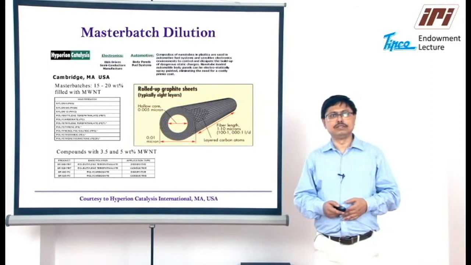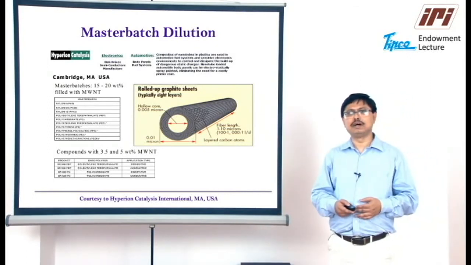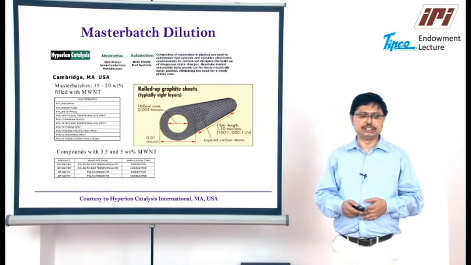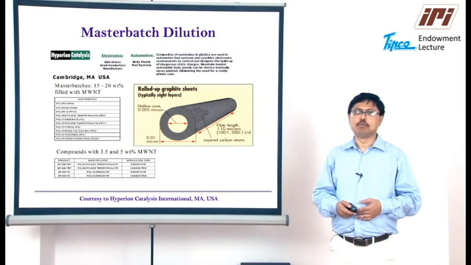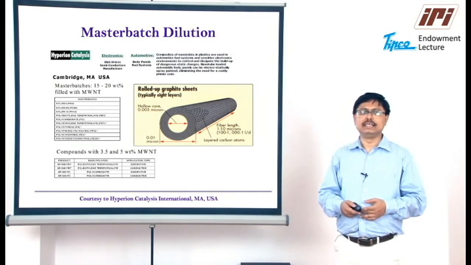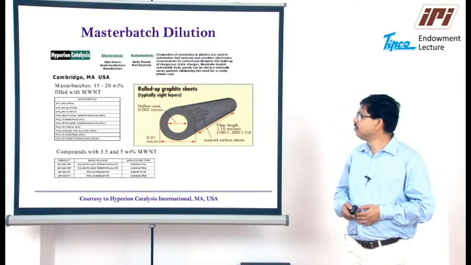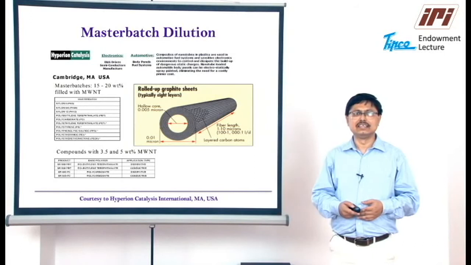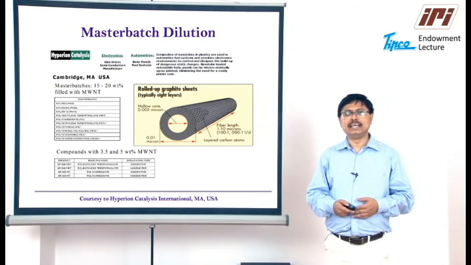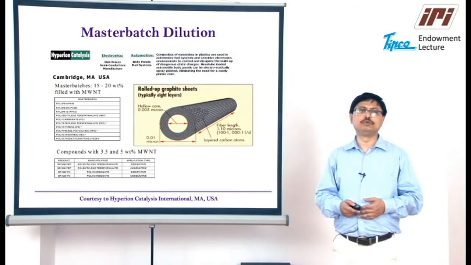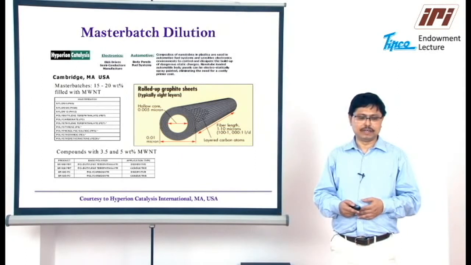The second example regarding the master batch dilution process came up almost 10 years back from Hyperion Catalysis International. They came up with a product that is a master batch of different polymer matrices, which involved nylon 6, nylon 6X, nylon 12, PBT and many other polymers, where they introduced almost 15 to 20% of multi-wall carbon nanotubes inside the polymer matrix.